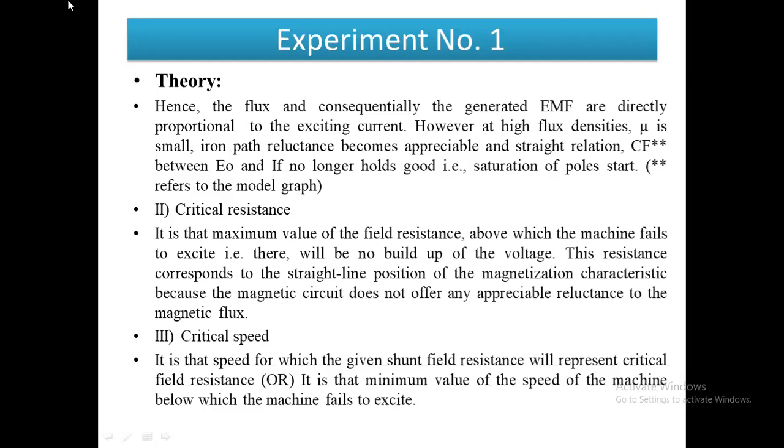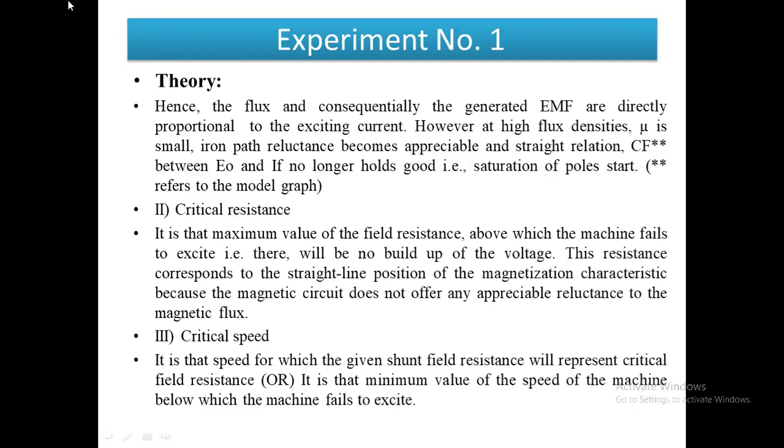Okay, critical field resistance. So this speed is nothing but the critical speed, or it is that minimum value of the speed of the machine below which the machine fails to excite. So this is the critical speed.